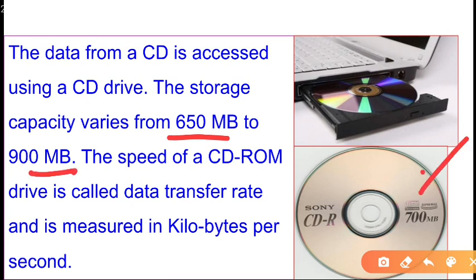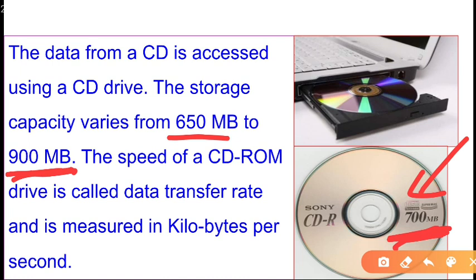The storage capacity of a CD-ROM varies from 650 megabytes or MB to 900 MB. For example, look at this CD. What is the maximum amount of data that can be written inside this CD? It is 700 megabytes. You can also get CDs with 900 megabyte storage capacity, but that will be a bit expensive.